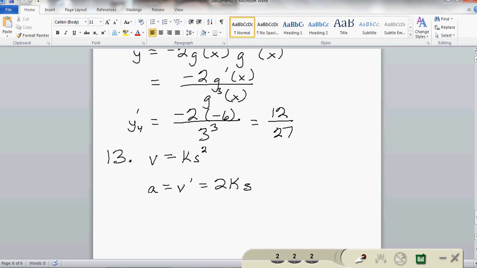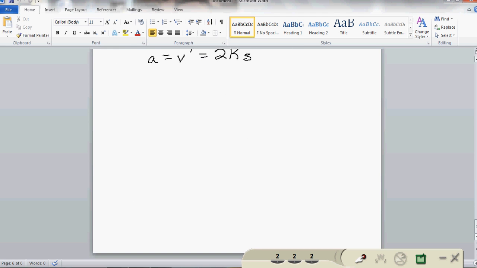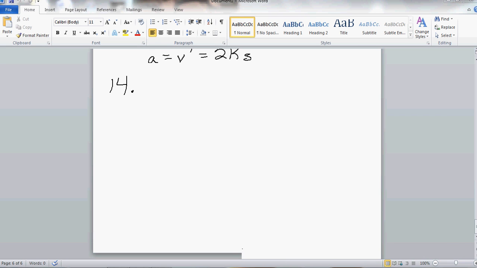And then finally, number 14. The position is given with this: s equals a sine of the square root of k over m times t.